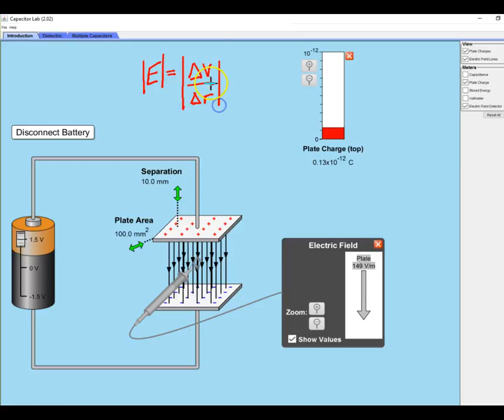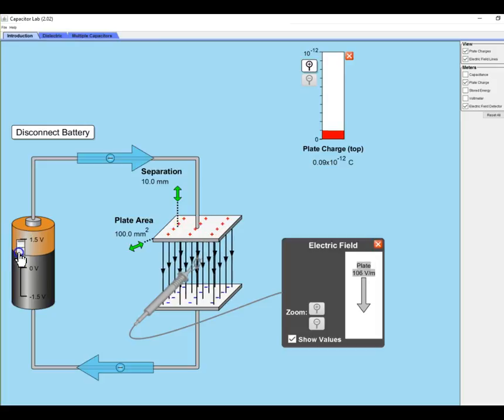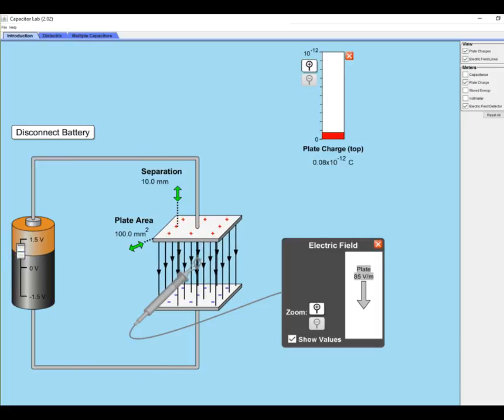So it's really the absolute value. This was known as the potential gradient. We called the electric field the potential gradient, the slope of a potential versus distance graph. So you can see that the electric field is directly proportional to the voltage. So if I decrease the voltage, then the electric field decreases.